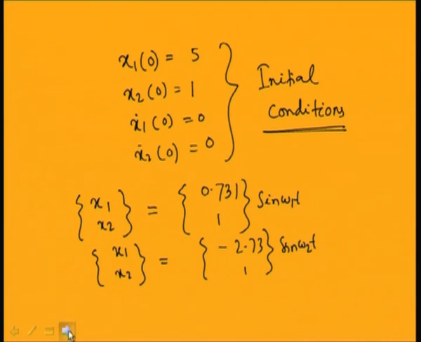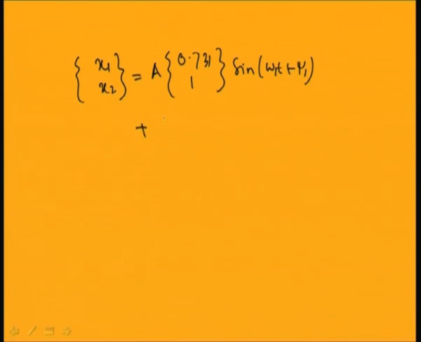So, the general solution x1 x2 at any particular time t can be written as a phi 1, that is a times 0.7311 sin(omega 1 t plus psi 1) plus b times minus 2.731 sin(omega 2 t plus psi 2). So, here we have to find this a, b and psi 1, psi 2.